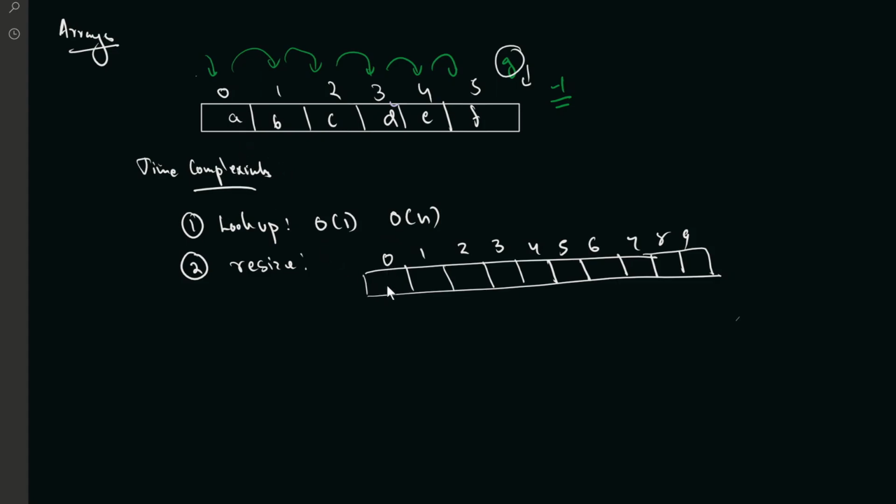So here inside 0, A. In 1, B. So B, C, D, E, F. Alright. So yeah, now you got all the elements from the older one, and you got some empty space as well. So G gets into it. G. So yeah, as simple as that.